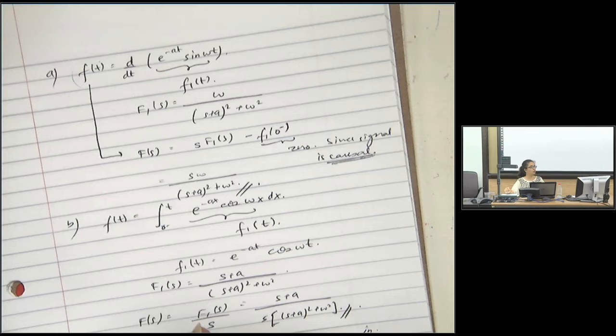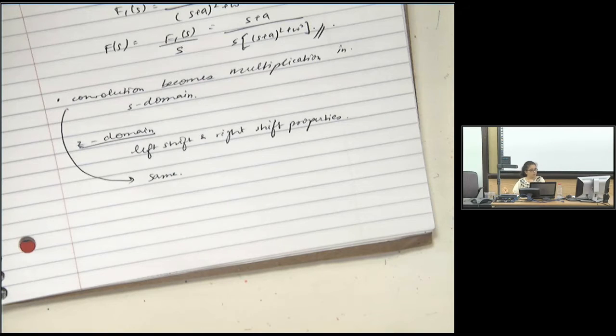No. Look at the table and then do the differentiation. Okay, cool. Can you show the bottom real quick, please? Oh, sure. Okay. The left and right shift properties are only for the Z domain? Yes.